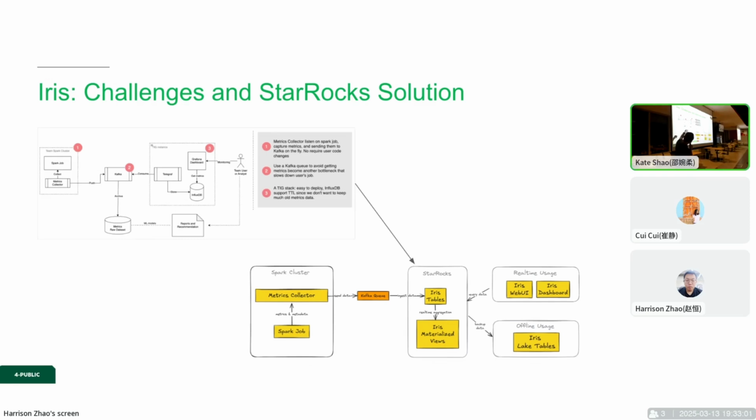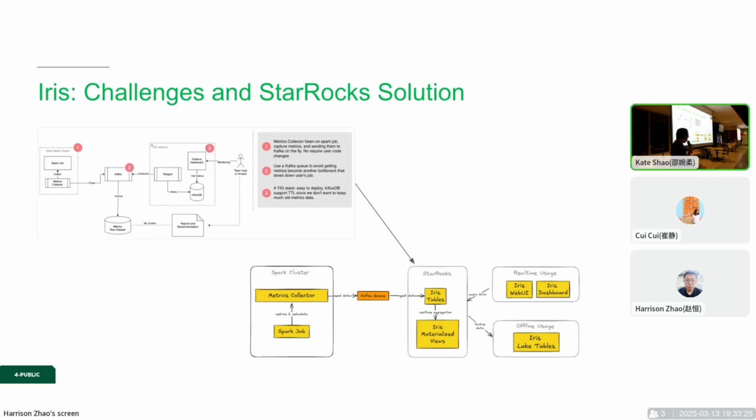Before, we used the TIG stack: Telegraf, InfluxDB, and Grafana. We use InfluxDB to store the metrics, and Grafana to allow users to access them. For example, they can see how many CPUs and the trend of CPU and memory from the snapshot in Grafana.